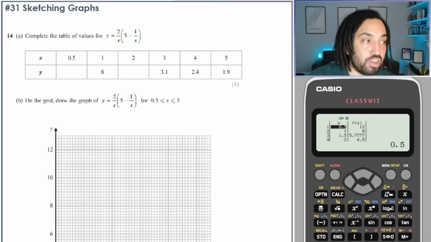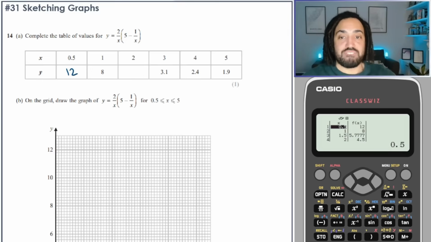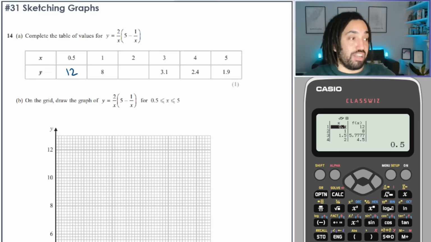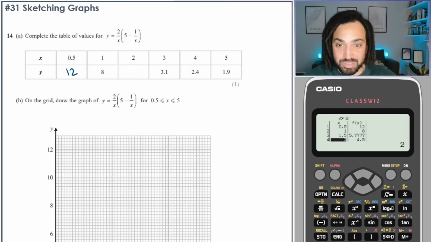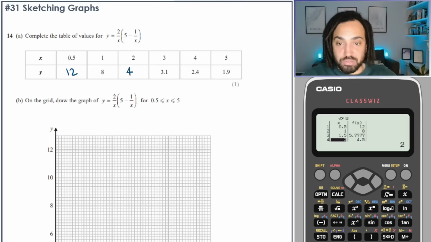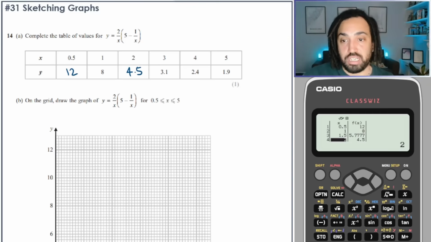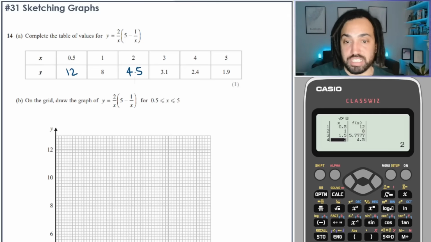So at 0.5 we can see the f of x value is 12. And in fact, I didn't realise, we only need one extra value, 4.5. That's the one for 2. Okay, well that's that done.